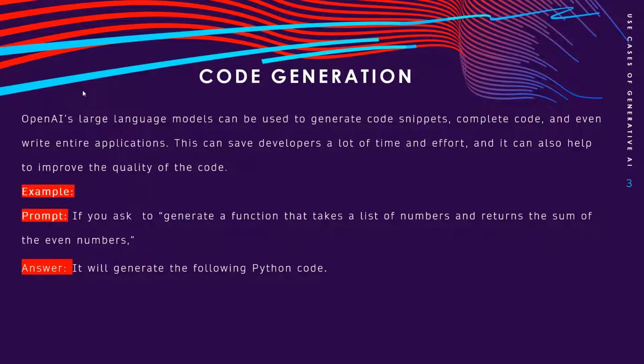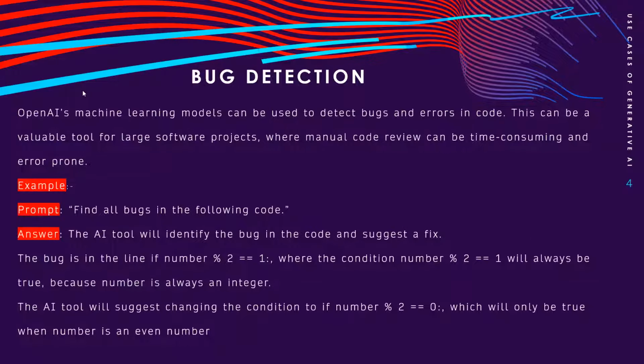Let's move to the second use case, that is bug detection. Let's see how OpenAI can be used for detecting a bug within my code. For this, I only need to prompt: find all the bugs within the following code, and copy and paste my code. It will tell you the bug is in this line, where the condition is this, and it will always be true because number is always an integer.